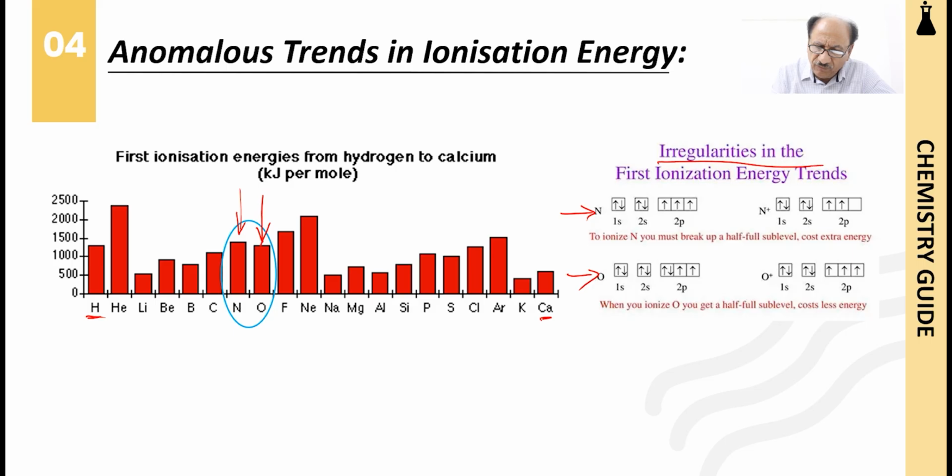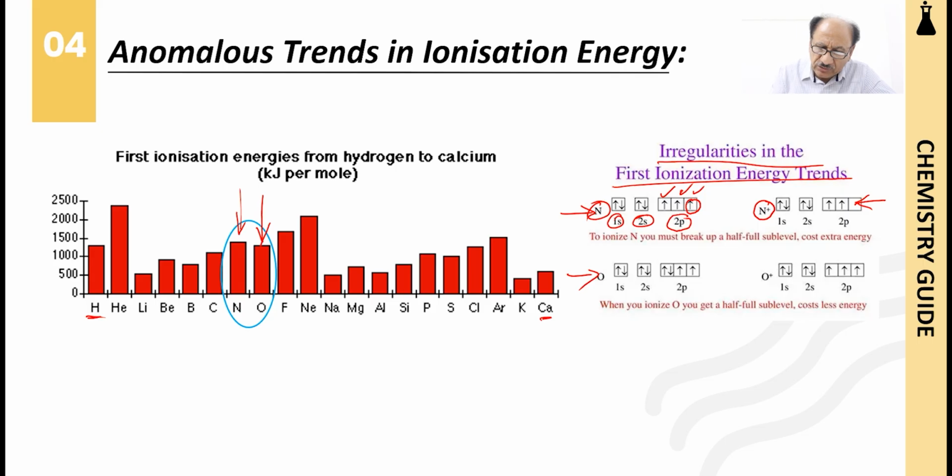irregularities in the first ionization energy trends. If we see the nitrogen electronic distribution, it is 1s2, 2s2 and 2p3. So all three sub shells or orbitals are having one electron each, and when we remove this last one and a nitrogen ion is formed, it's easier to remove from this last orbital.